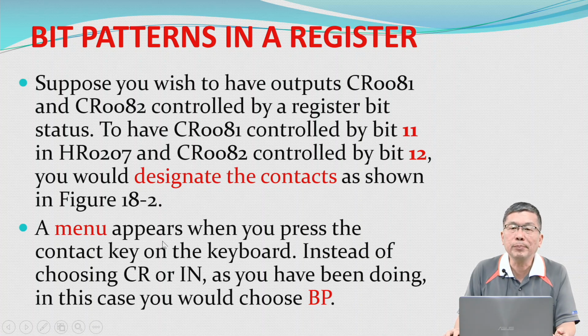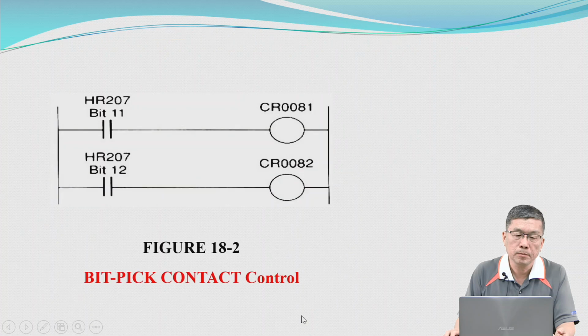A menu appears when you press the contact key on the keyboard. Instead of choosing control relay or input, as you have been doing, you would choose BP. This picture shows the bit pick contact control.